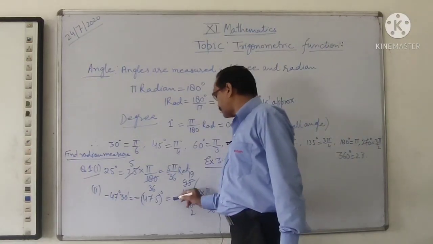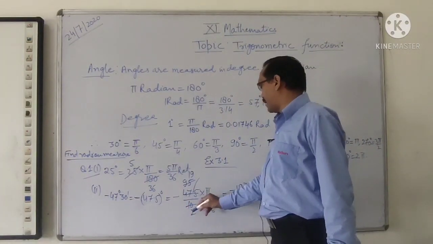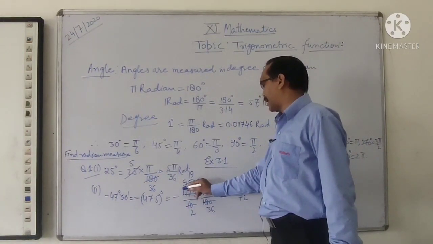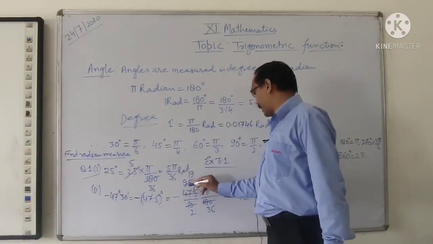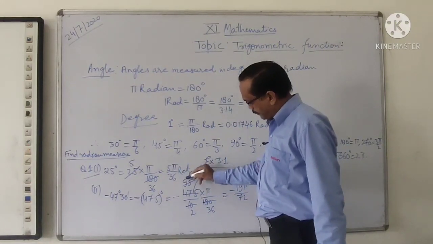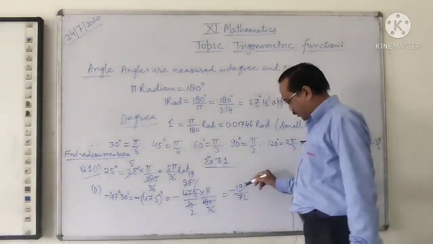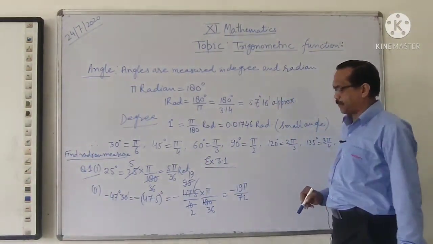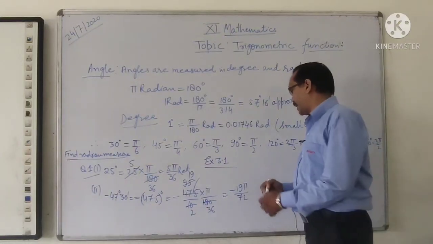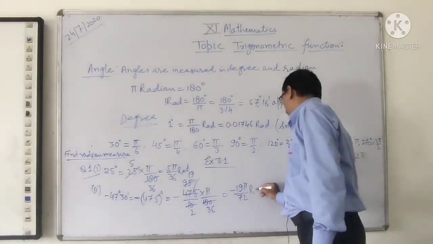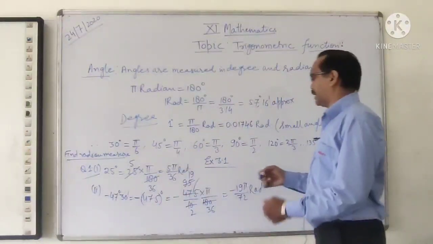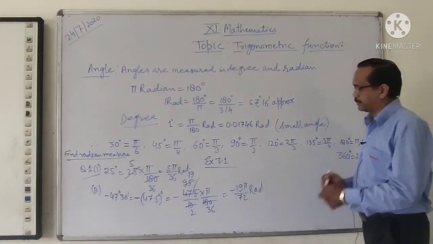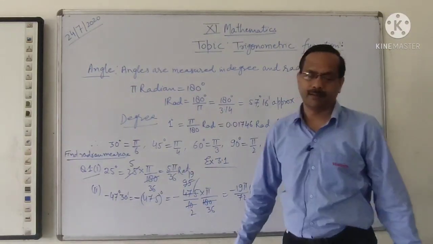Then this is cancelled by 5. 5 2 is 10, 5 9 is 45, 5 5 is 25. Then again by 5. 5 1 is 5, 5 9 is 45. So it is minus 19 pi upon 72 radian. So these are the angles given in degree and their answers are in terms of radian.